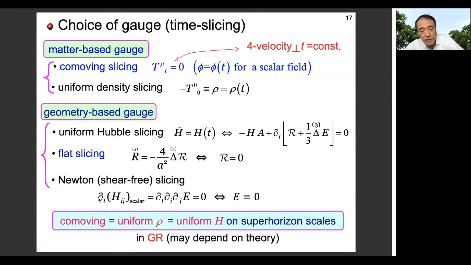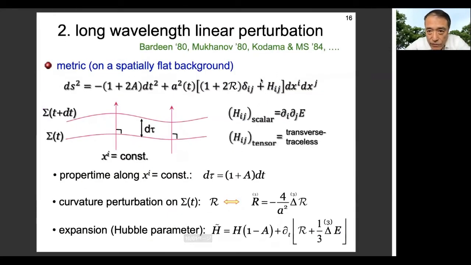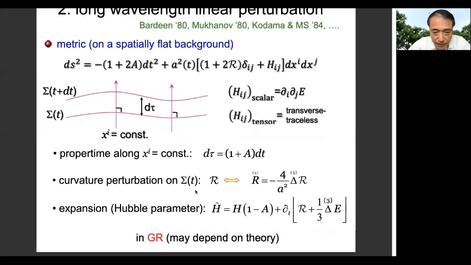This slicing condition assumes that the scalar part of the traceless part of the metric is zero, so the three-dimensional geometry will be just proportional to a flat metric. So conformal, maybe you could say conformal to flat metric.